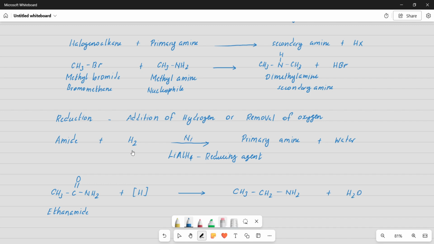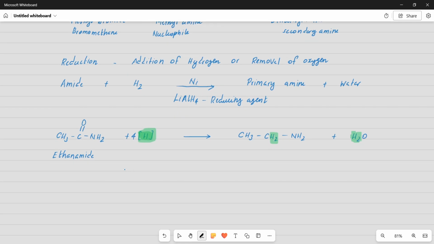Totally these two hydrogens and these two hydrogens are from the reducing agent. So totally 4. Always the reducing agent is represented as square bracket H. So what you got is ethylamine, which is a primary amine.